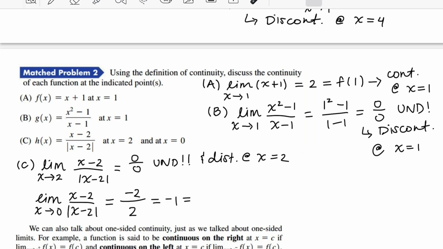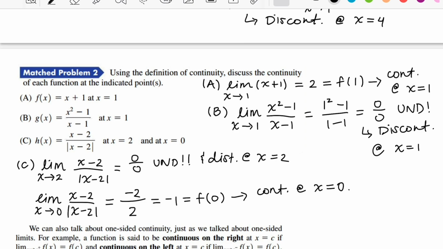So if we were to plug in 0 here and 0 there, we would get negative 1. So this tells us that our function value at x equals 0 is equal to the limit of our function as x gets closer and closer to 0. And therefore, our function is continuous at x equals 0.